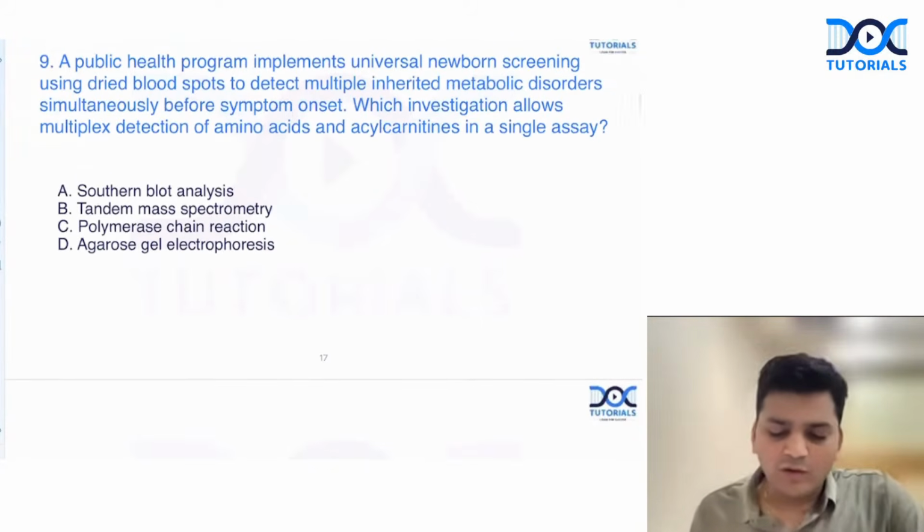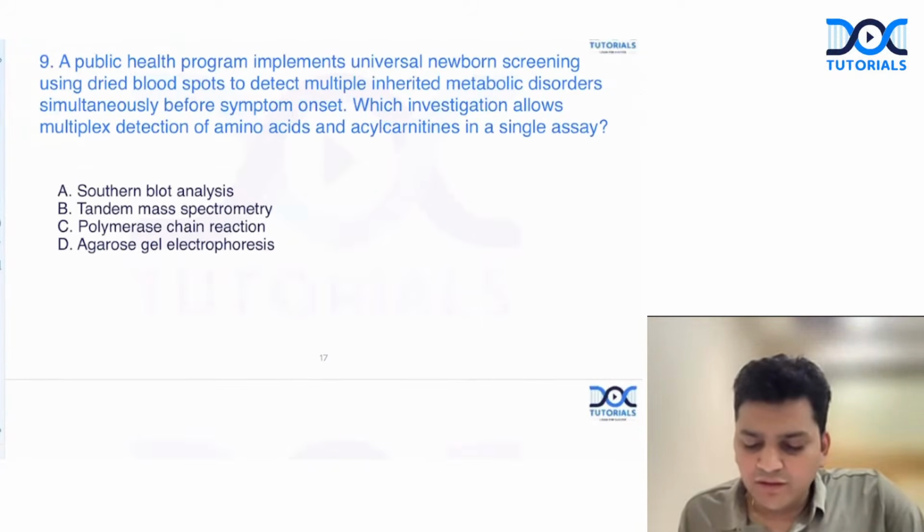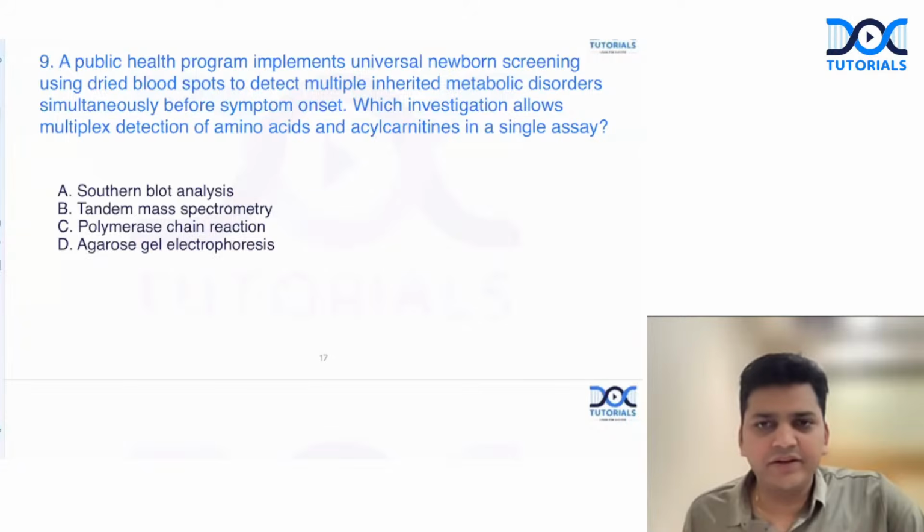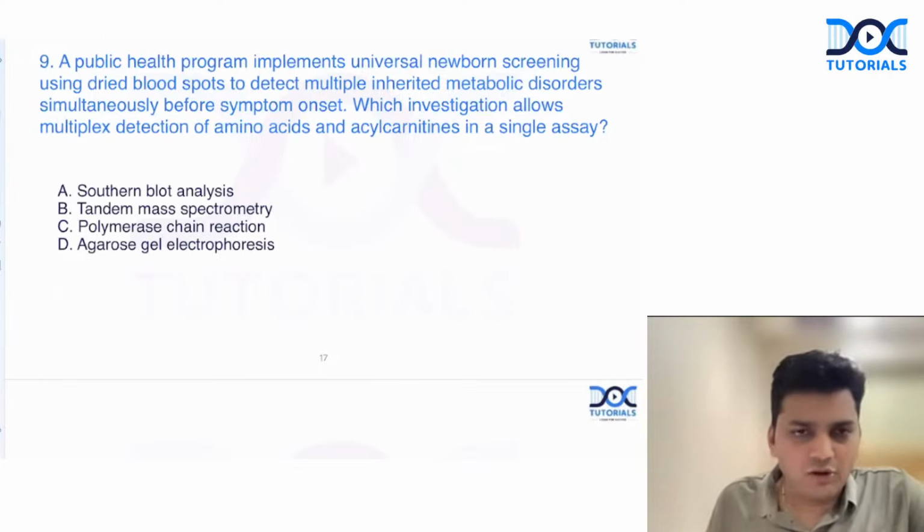A public health program implemented universal newborn screening using dried blood spots to detect multiple inherited metabolic disorders simultaneously. Now, which investigation allows you to multiplex detection of the amino acids and the acylcarnitines in a single assay? Let's look at the options.